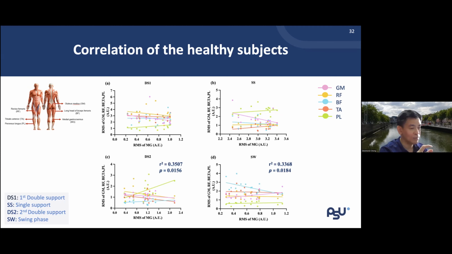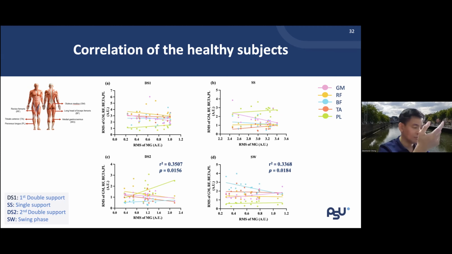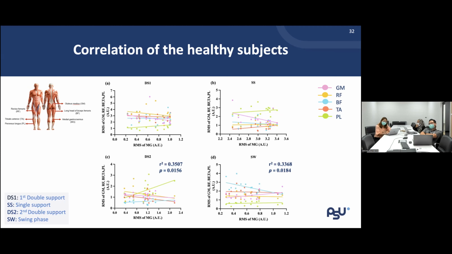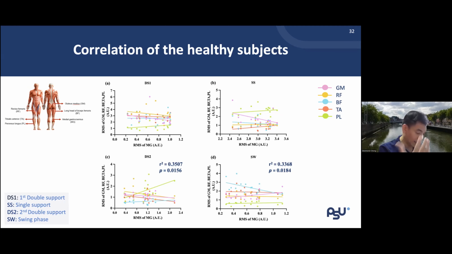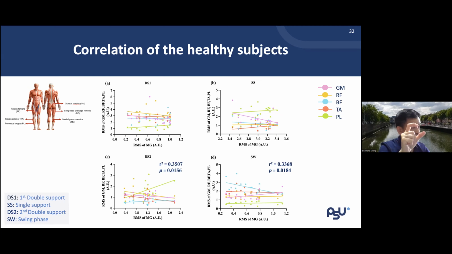But my quick question would be, because you have so many parameters, you have the time domain and the frequency domain, and some of them have a different trend, which one are you going to choose to present your results? You look at six muscles. When the time domain shows the trend going down, but the frequency domain shows the trend going up, from paralytic to non-paralytic to healthy subjects.